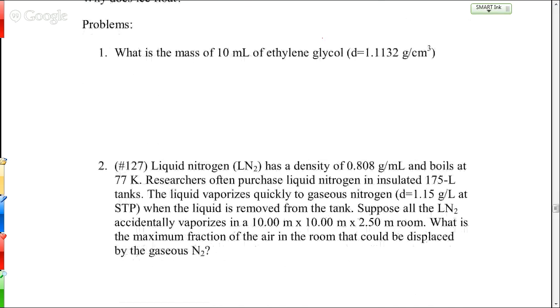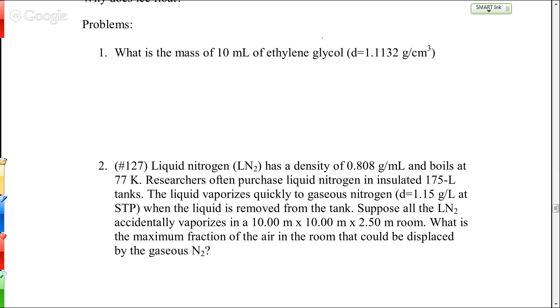We use density in calculations much like any other conversion factor or unit conversion like we just talked about. And so we can calculate the mass in a given volume of something based on its density. So the mass of 10 milliliters of ethylene glycol, we're given a density. If it's 1.1132 grams per cubic centimeter, and then we've got 10 milliliters, what's the mass? Can we do this without calculators?